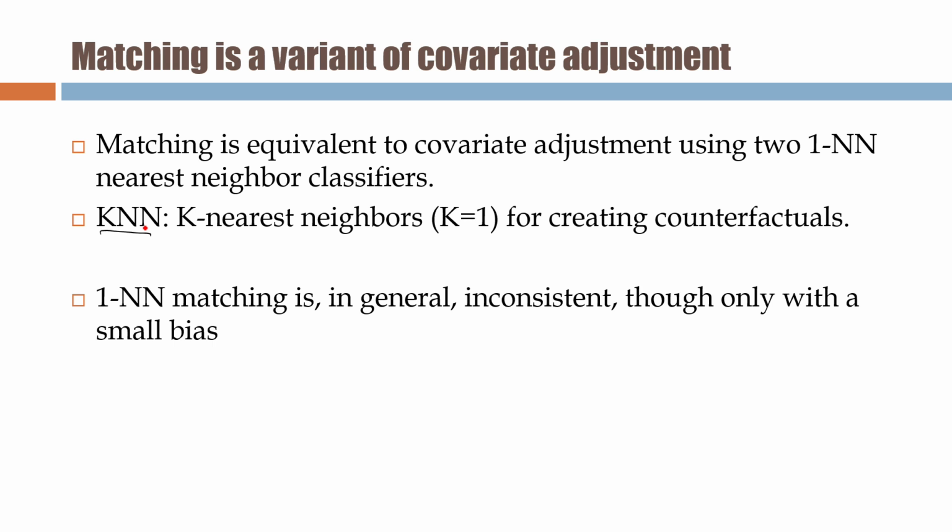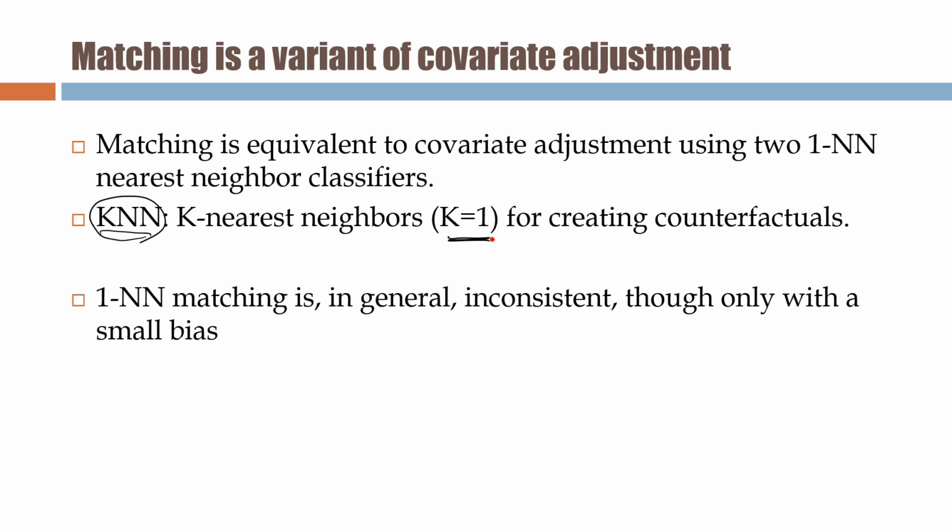So if we use a prediction model KNN and set K to 1, then this matching method will lead to exactly the same result as the covariate adjustment with KNN as a predictor model, right?